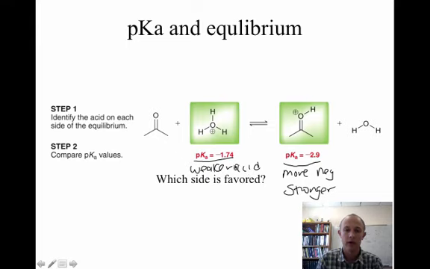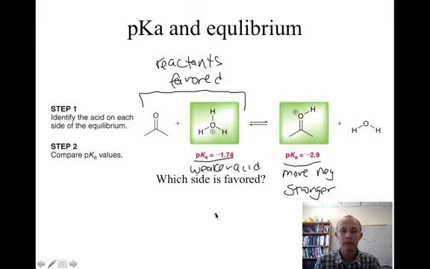The equilibrium is always going to favor the side with the weaker acid, so this side is favored, or reactants are favored. So I want you to be able to use pKa's, if I give them to you, to determine which acid would be stronger or weaker, or which side of an equilibrium will be favored.